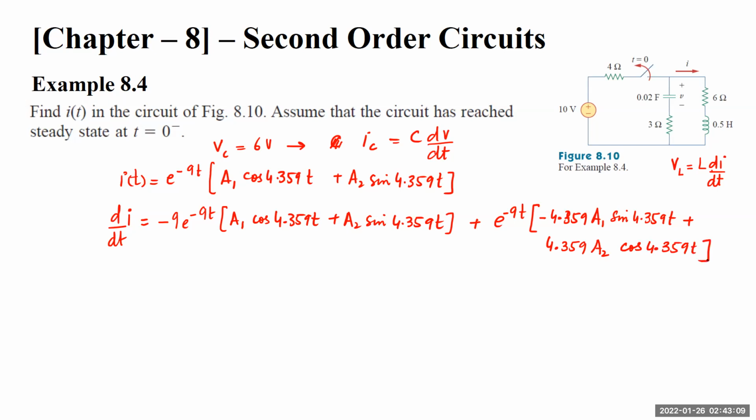Remember, because the derivative of cos is minus sine and the derivative of sine is cos. This is what we have done, so we have basically differentiated it.